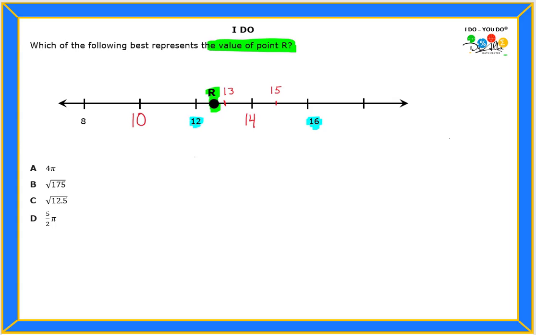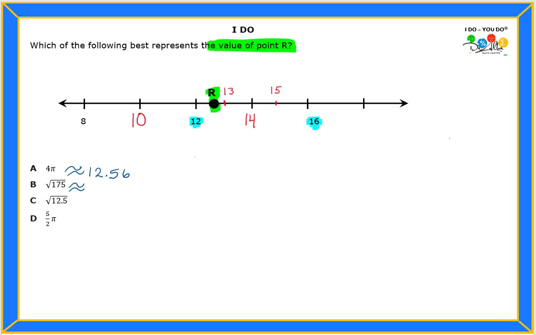So now what we need to do is find the values for each one of the answer choices. And yes, for that, you do need to have a calculator, right? So you can use your phone, you can use any kind of calculator will help us, okay? So let's do this. So now, letter A, it's 4 pi, and that is an approximation of 12.56. The next one, and we're gonna come back and put them in the number line, right?